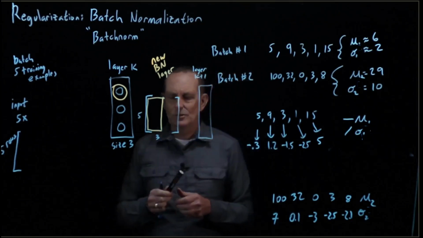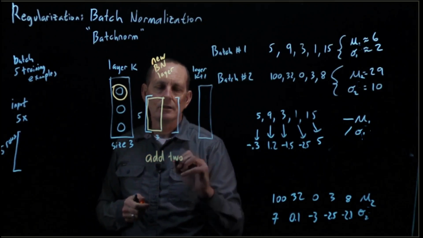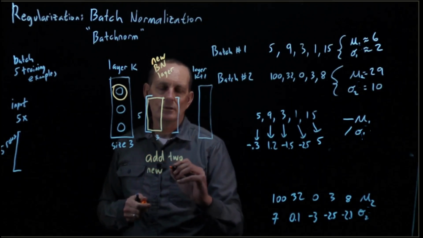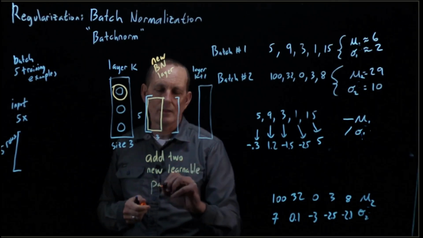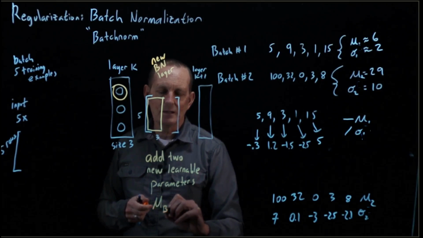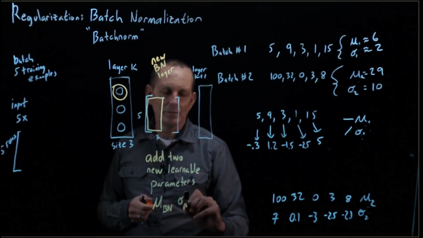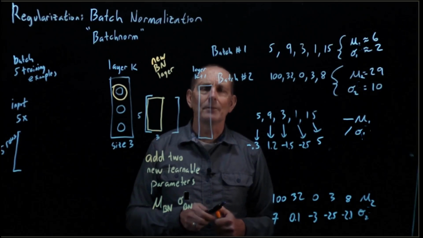So what we're going to do in this new batch norm layer is add 2 new learnable parameters. I am going to call them mu sub bn and sigma squared sub bn. In the original paper, I think they use beta and gamma.